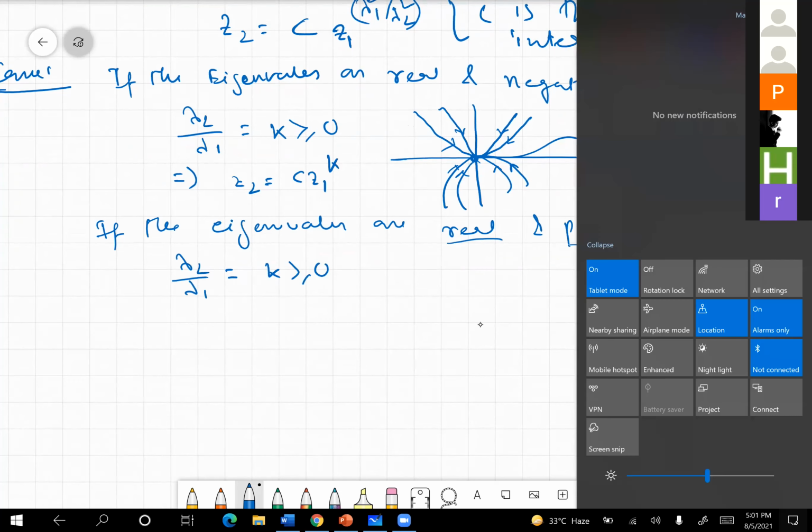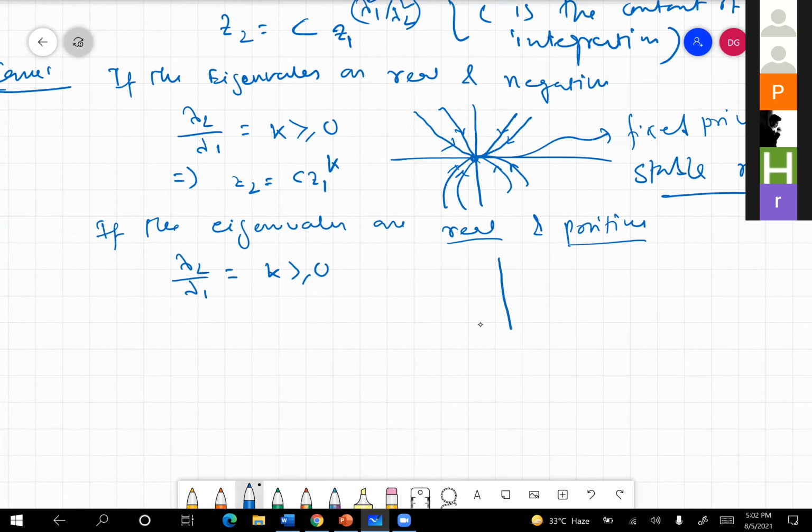So in this case, we can write the response. This is my equilibrium point, z1 equal to 0 and z2 equal to 0. And this is a similar plot, but the direction will change. It will be diverging. Let's connect to the pendulum system. This is my equilibrium point, vertically down.